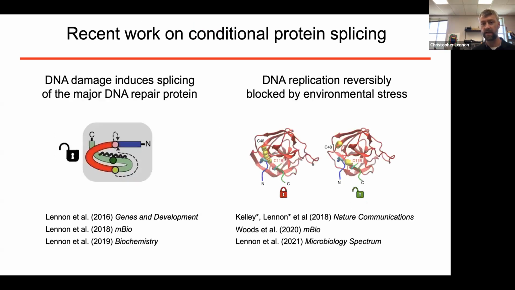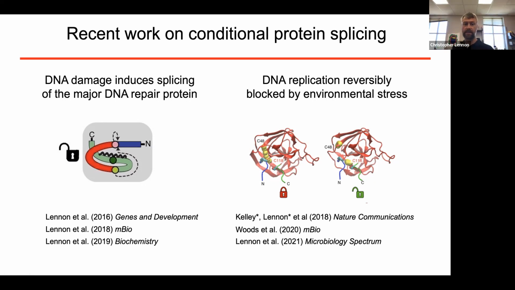Okay? And so during my postdoc and then extending to my time at Murray State, we found examples where both of these types of regulatory mechanisms happen. In one example, we see that DNA damage actually induces splicing of a major DNA repair protein, which makes a lot of sense.